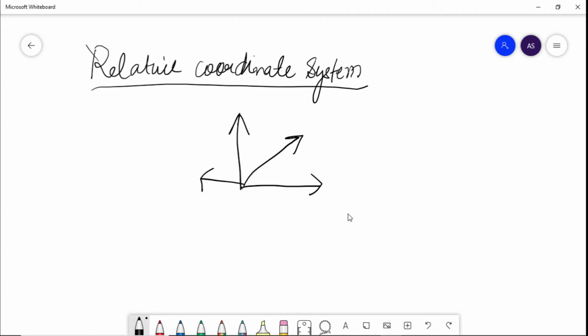So these are telling you the directions. This x direction is a horizontal direction, the y direction is a vertical direction.